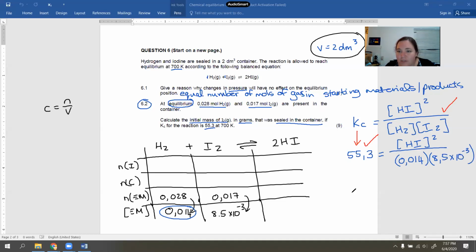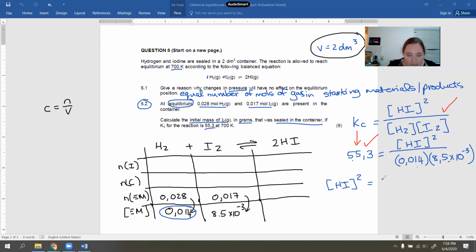And from this, we can work out the concentration of HI squared. Please be very careful. This is where most people mess up with their maths. So just be aware of it. So [HI]² is going to be this times this times this. So I'm going to quickly work that out on my calculator without doing an extra step to mess it up and hoping that I get it right.